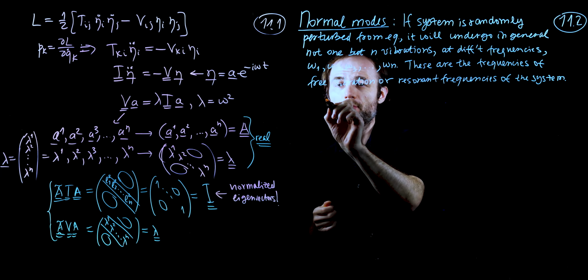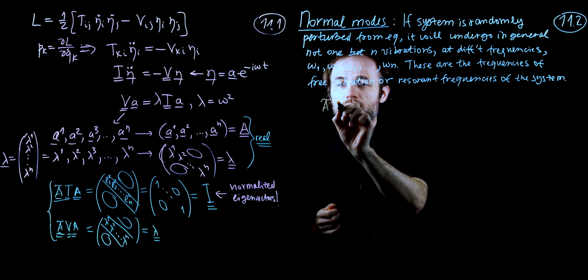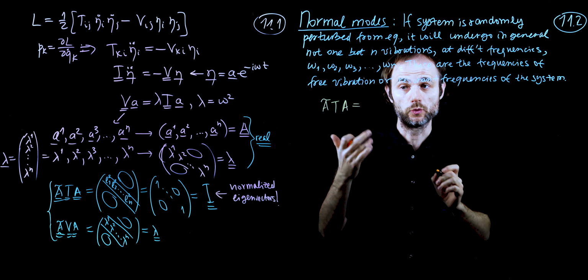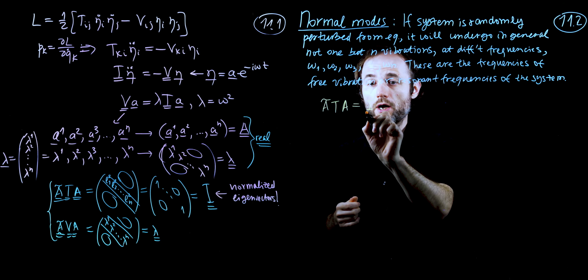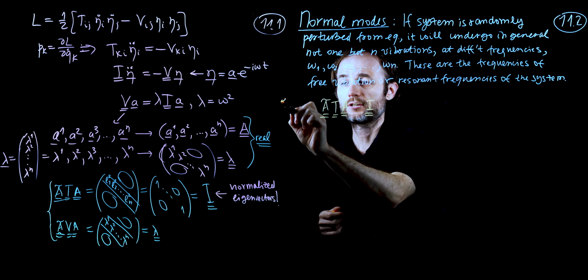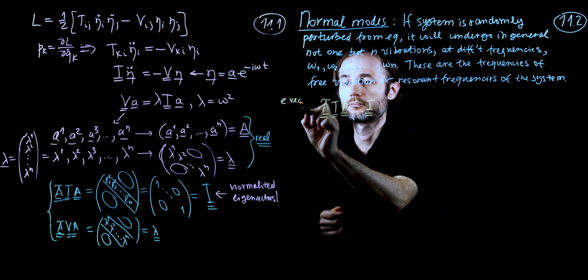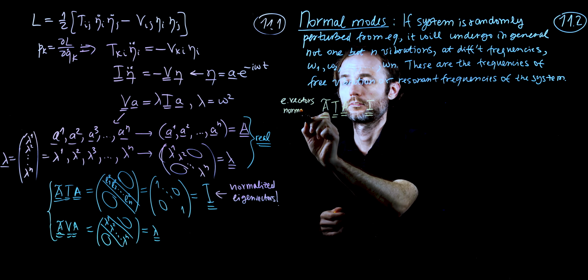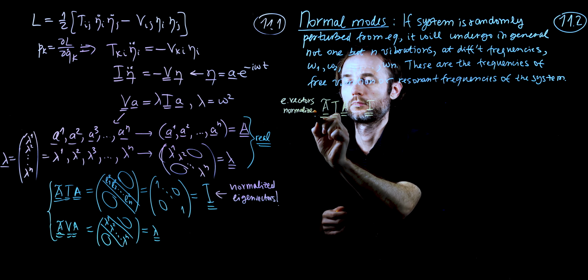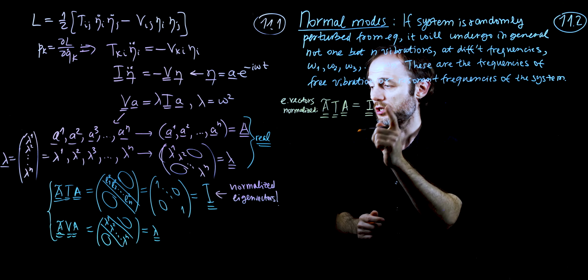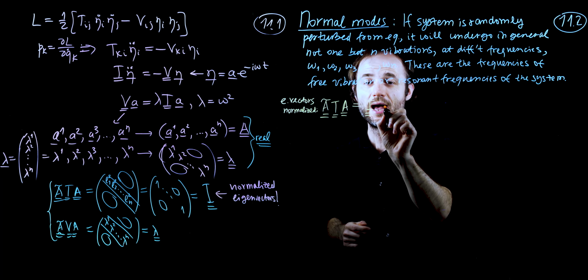Well, remember that A tilde times A is equal to an identity matrix if eigenvectors are normalized. So in this case, we're going to get a unitary matrix here.